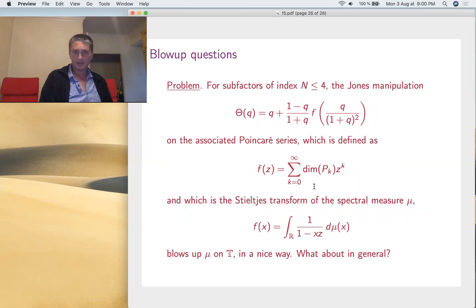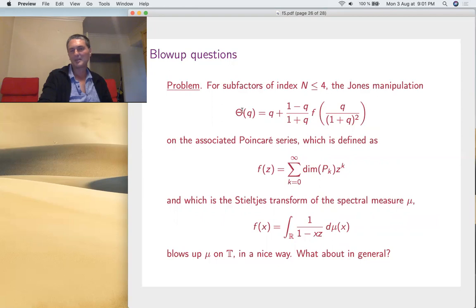And finally, but this is really terribly technical, in index less than 4, Jones has this manipulation on Poincare series, but he calls it the theta series. It's something very tricky, factor-ish, which produces, well, theta must have positive coefficients. That's a factor abstraction. And with Dietmar Bisch, we had some fun looking at what happens when doing this manipulation at the level of measures. So you do exactly the same thing.